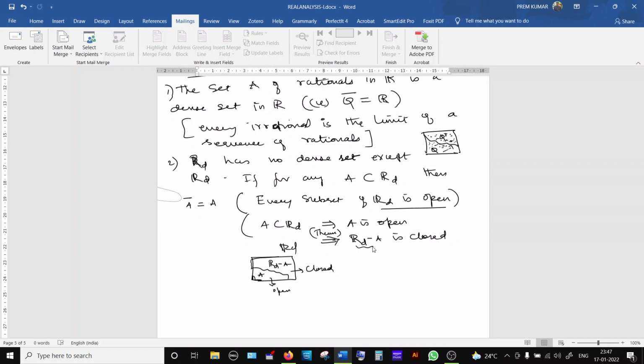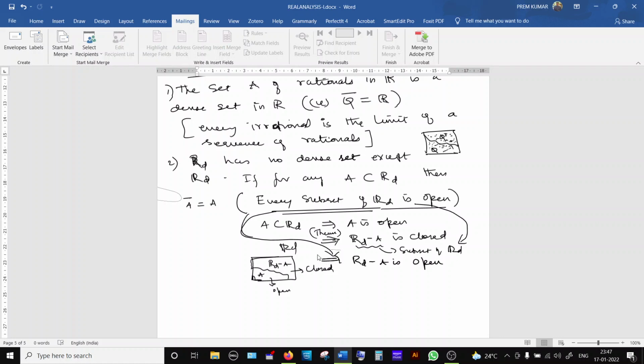But R_d minus A is also a subset of R_d, so again it is open. You have to cite this theorem here.